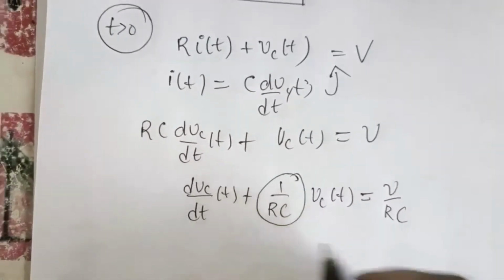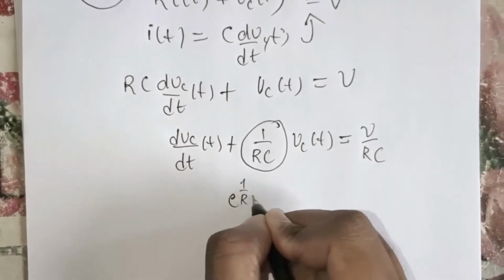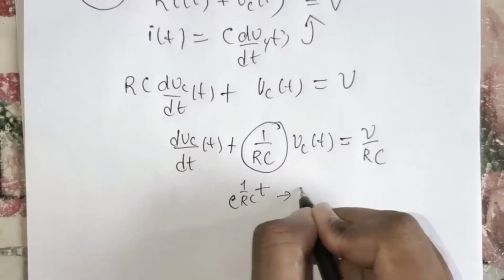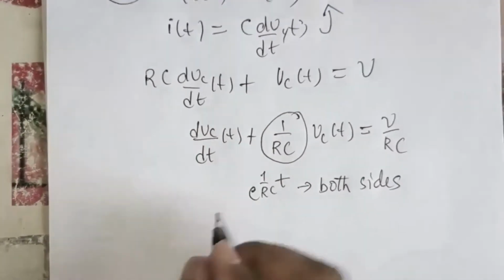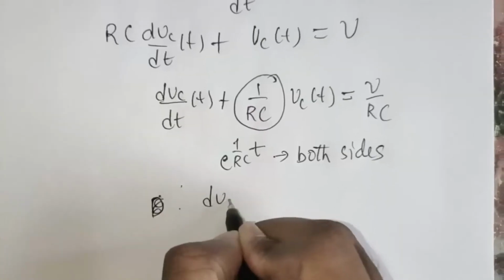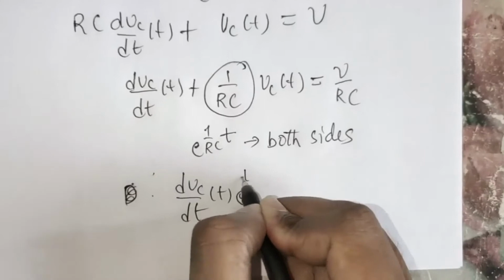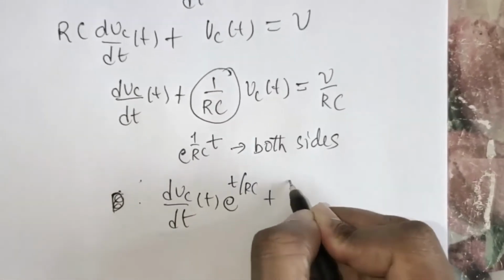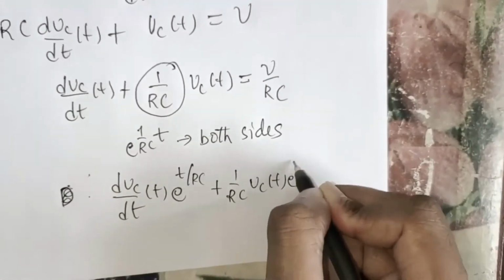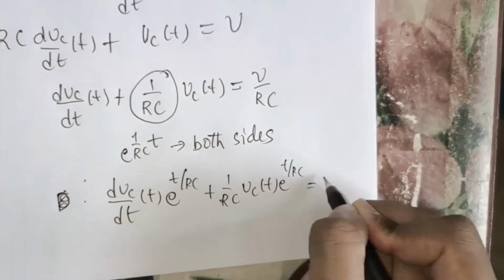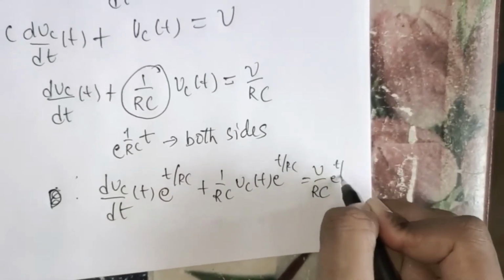So since the coefficient here is also 1 by RC, I'll multiply e power 1 by RC into t on both sides. So when I multiply that on both sides, we'll get dVc by dt into e power t by RC plus 1 by RC into Vc of t into e power t by RC, which is equal to V by RC into e power t by RC.